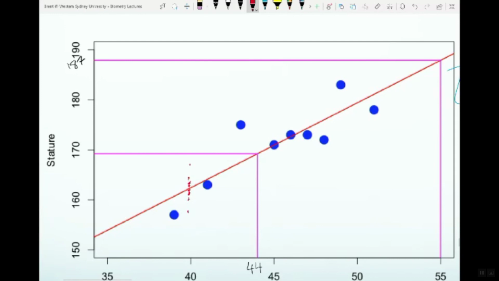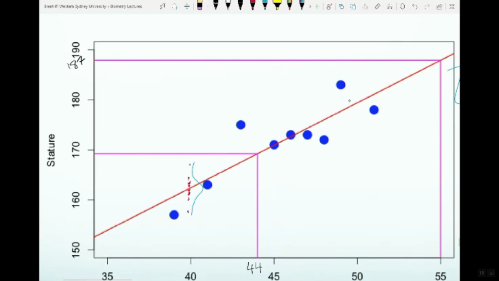Something that looks like a normal distribution. I shouldn't have too many people too far above the predicted value or too far below it. It should be centered on the predicted value in a way that looks pretty normally distributed in terms of its density. That should be the case for every single point on the line.